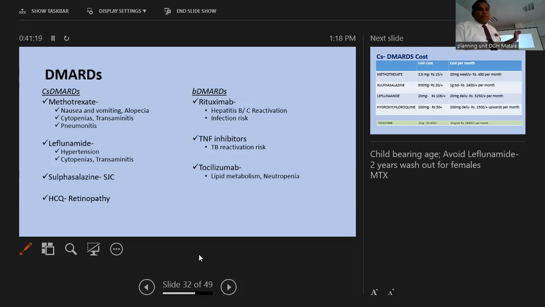Then biologics, rituximab increases the chances of hepatitis B reactivation and increases the risk of infection. And the TNF inhibitors increase the TB reactivation risk. The problem with tocilizumab is you more often see neutropenias, and there are clinically significant lipid metabolism derangements.